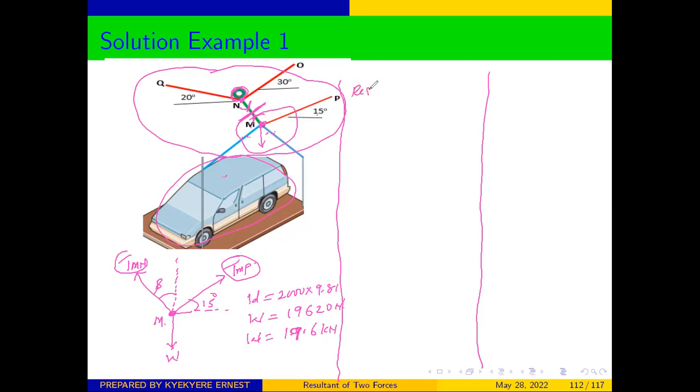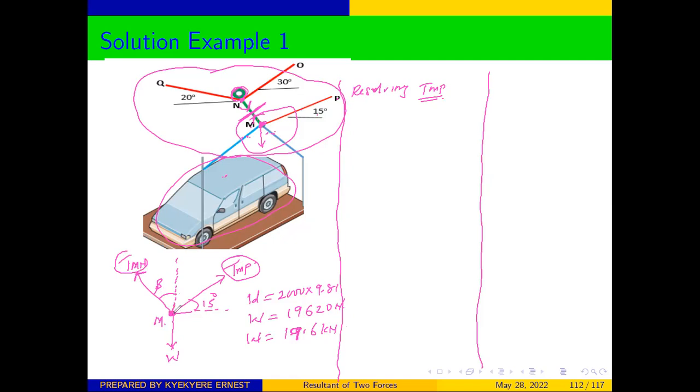Therefore, resolving TMP into components. Look at the direction. This is the starting point of the force, and this is the end point of the force.